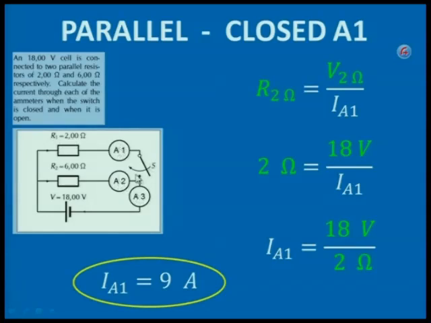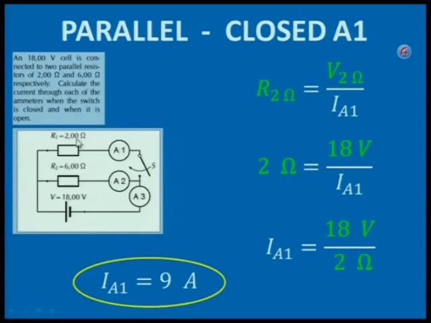When the switch is closed, A1 would be measuring the current through the 2 ohm resistor. We then need the volts over the 2 ohm resistor divided by I to get to the reading on A1.